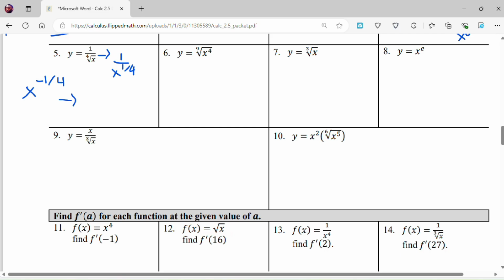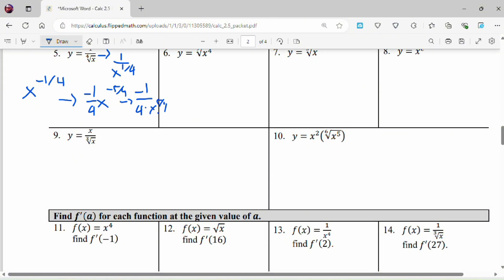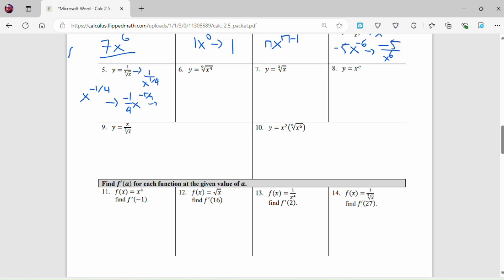And now simply move the negative 1/4 to the front. X to the negative 1/4 minus 1. Well, negative 1/4 minus 1 is the same as negative 1/4 minus 4 over 4, which is negative 5 over 4. So our final answer is negative 1 over 4 times x to the 5 over 4. You could also put that in root form, but I'm not going to do that because I don't have space.